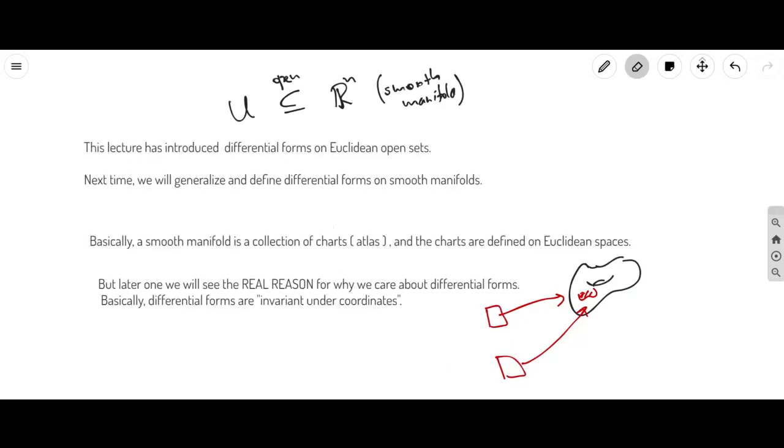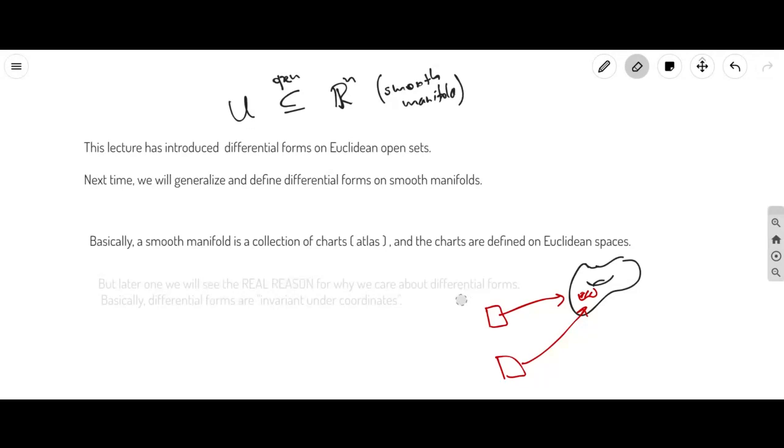They will enable you to do calculations in coordinates in a way that's safe, where regardless of what chart you use, you will always end up getting the same answer. That's the real reason why we care about differential forms, because manifolds are chart dependent. It's made out of lots of charts, and you want an object that remains invariant when you do it. So that's the big idea for what differential forms do.